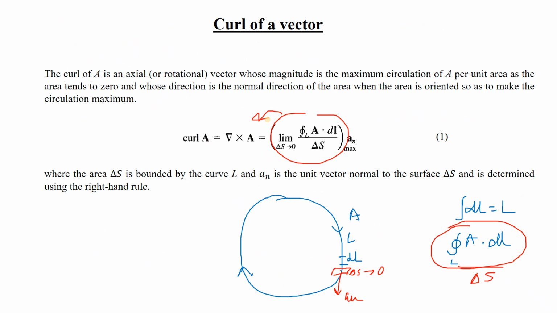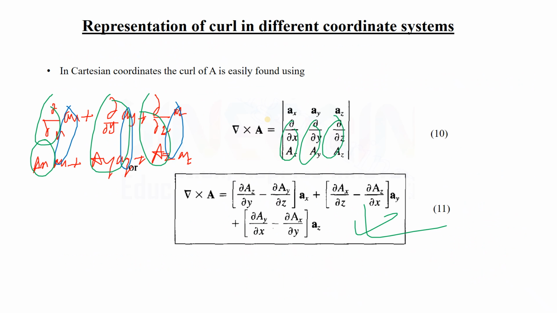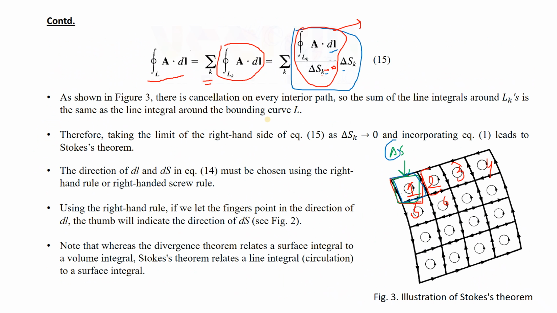This equals the curl of A. That means the ratio of the closed line integral of A divided by area, where area tends to 0. Here also we are doing the same thing. The ratio of closed line integral of A divided by area, where area tends to 0, because it is divided into small areas, very small, tiny. So this is nothing but the curl of A.